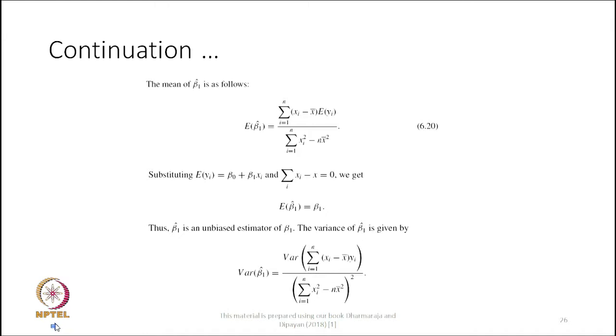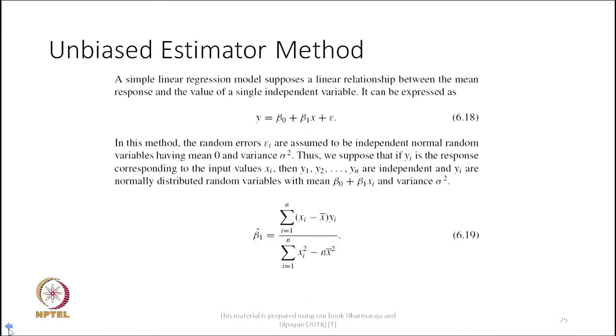If I go for the expectation of beta 1 cap, then I will treat x bar as a random variable.